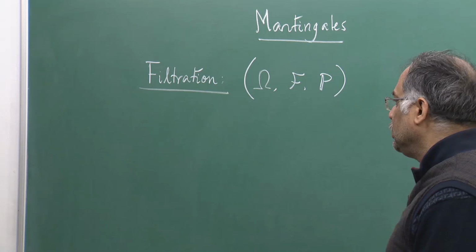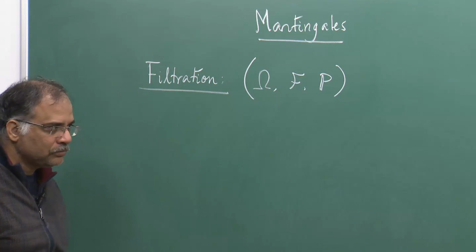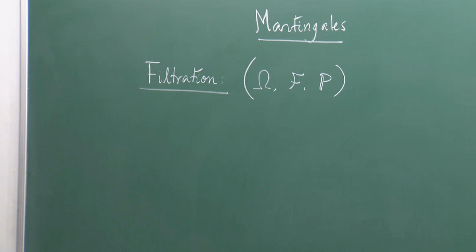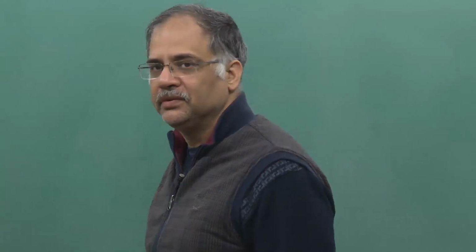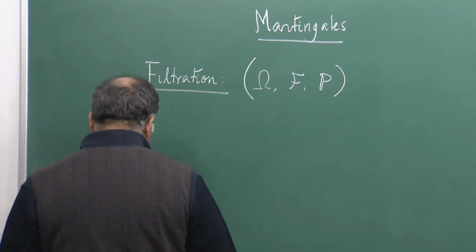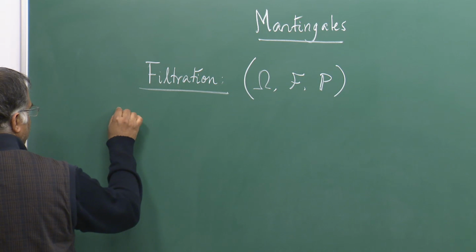For example, I throw a fair coin. If I throw a fair coin three times, there are 8 possibilities. So, let me write down what are the 8 possibilities.